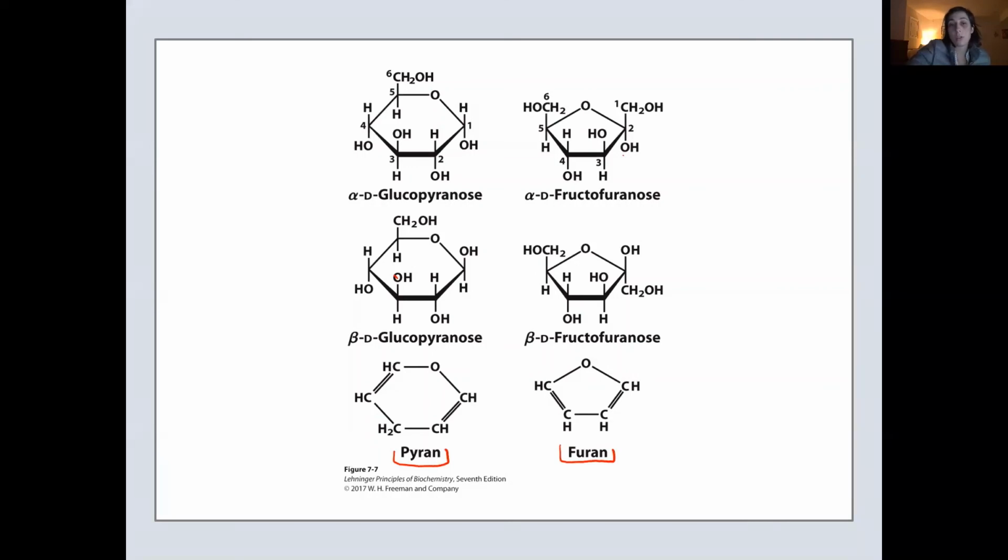So sugars can also be named based on what type of cycle they will make. If they are a 6-membered ring, for example, glucose, we also will refer to this as a glucopyranose when it is in its cyclical version. Or fructose, when it is in its cyclical version, can be referred to as fructofuranose.